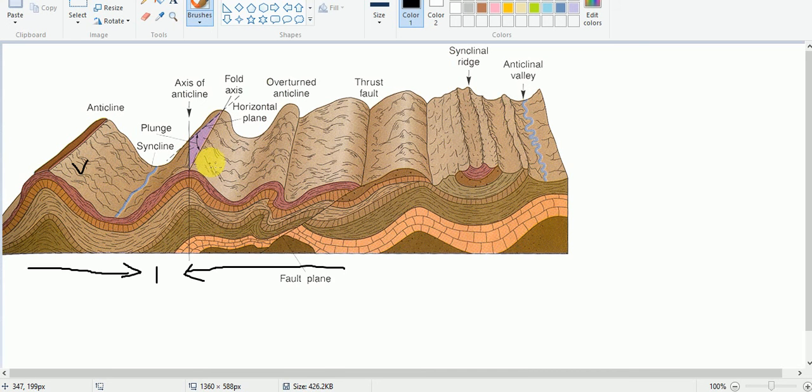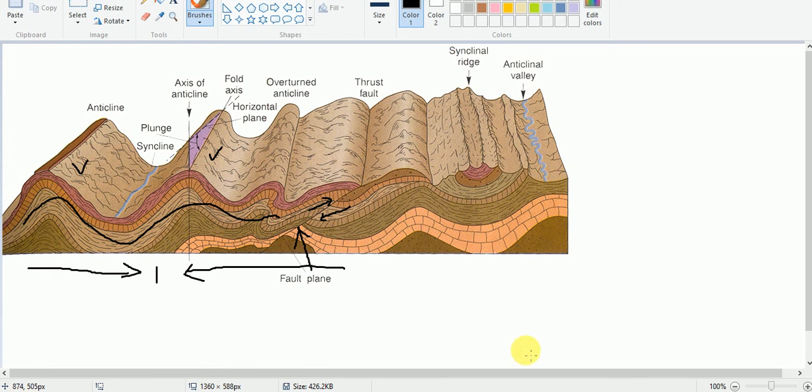Because of these compressional forces, see here, the crustal portion of the earth has been folded in this way. Just see here, it is folded. That is the point mentioned here. And if the folding is horizontal, then sometimes there may be sliding here. In this case there is sliding, faulting also may be here. This is a fault plane.